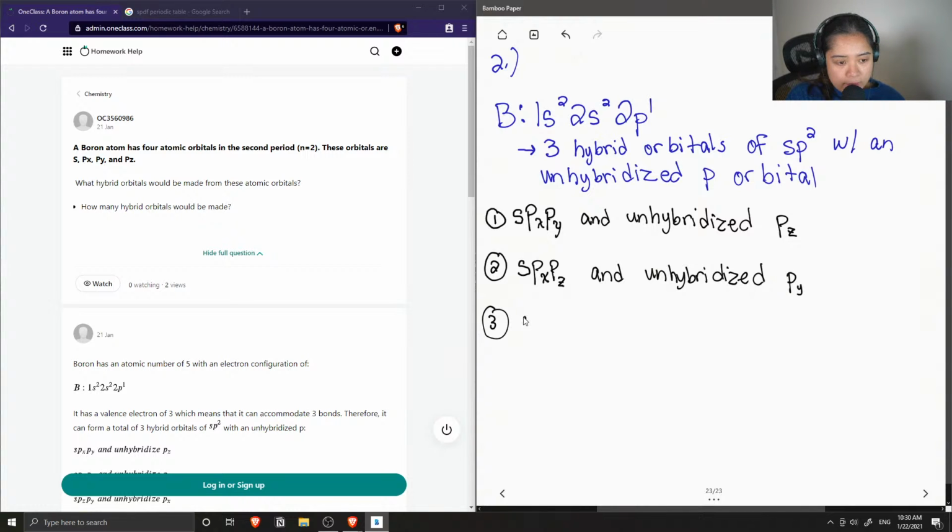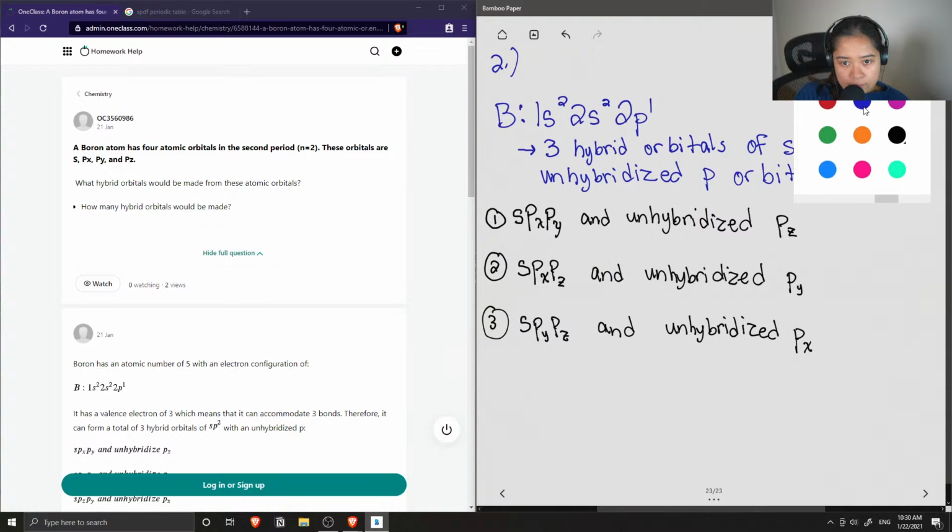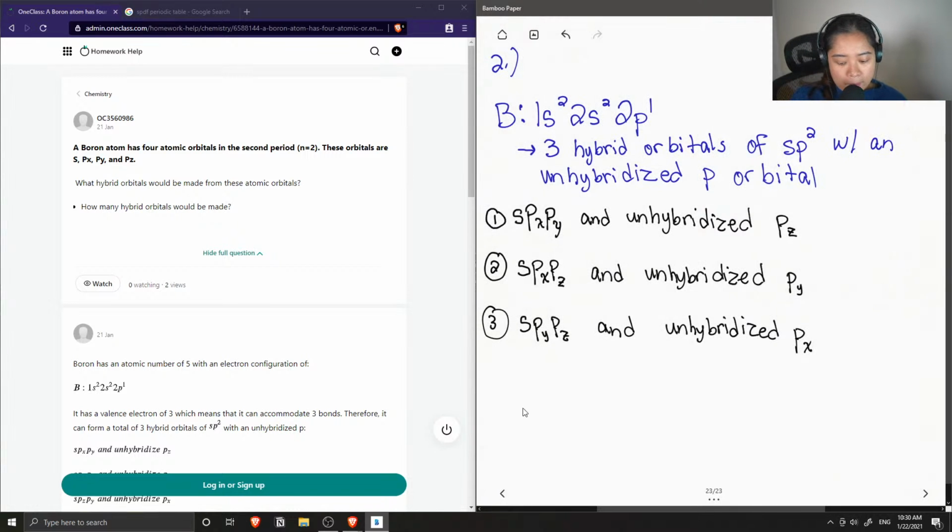And lastly, we can have an s, py, pz, and an unhybridized px. Okay, so therefore 3 hybrid orbitals can be made of sp2.